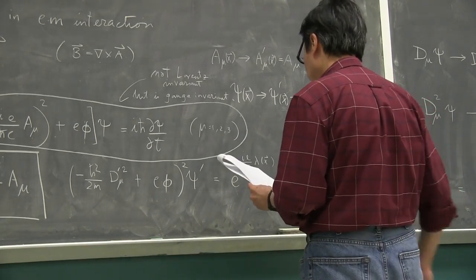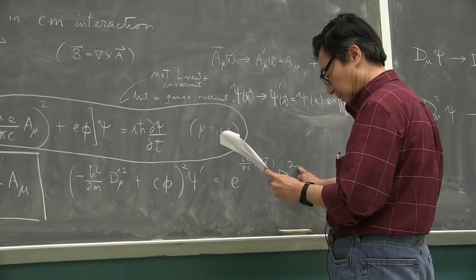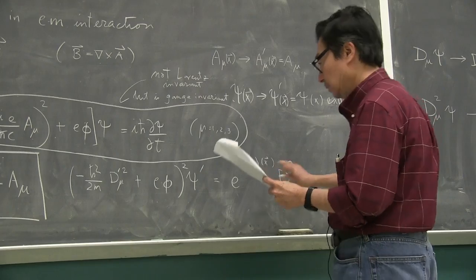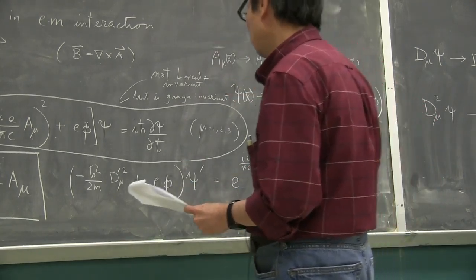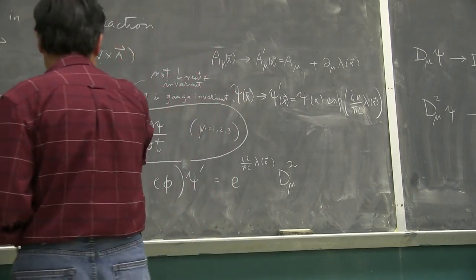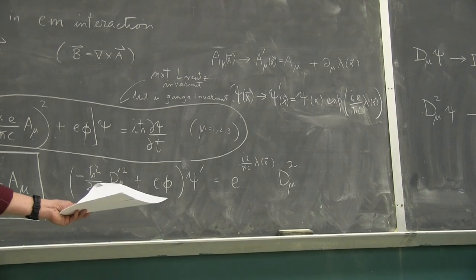Yeah, let me be careful. There's no square in the Eφ. I'm sorry. The square is just in the covariant derivative. All right. I'm sorry about that.